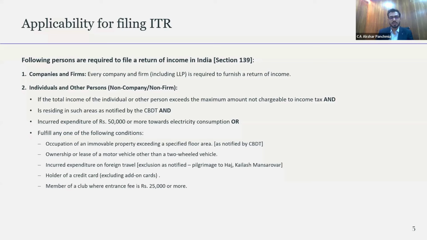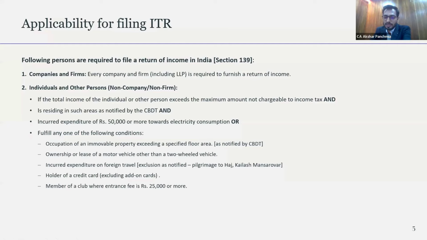In this case, the CBDT has notified areas for which these very specific conditions apply. Those areas would be where there's a municipality, or a cantonment board, or basically an urban area, and where the specified floor area is considered.